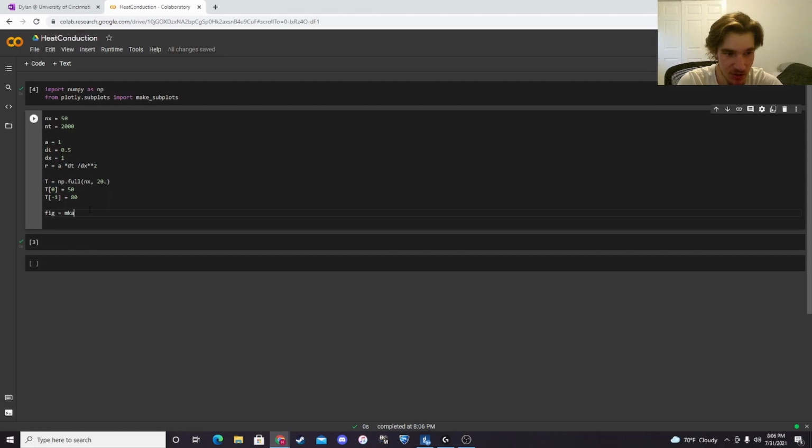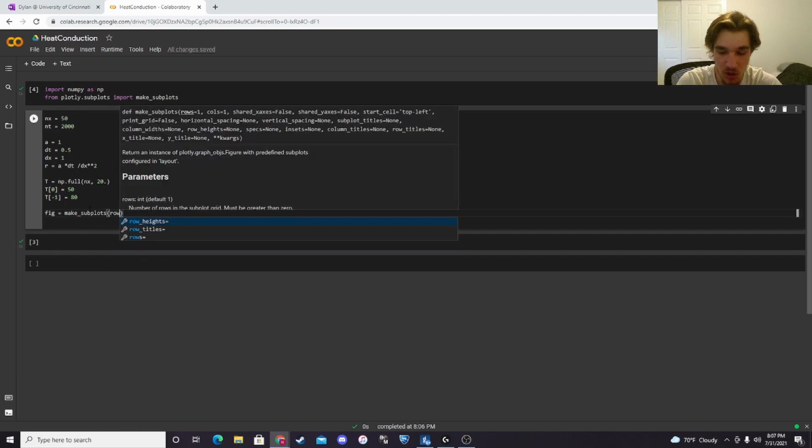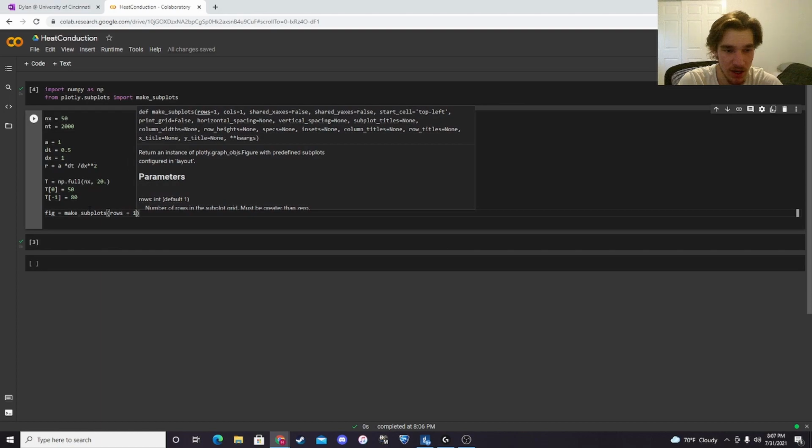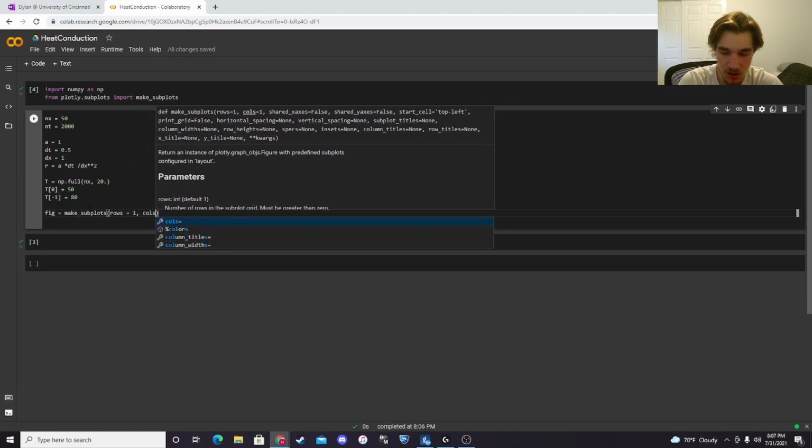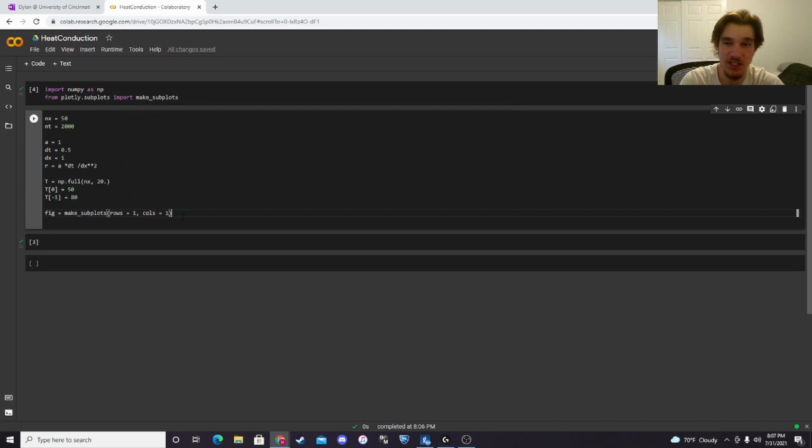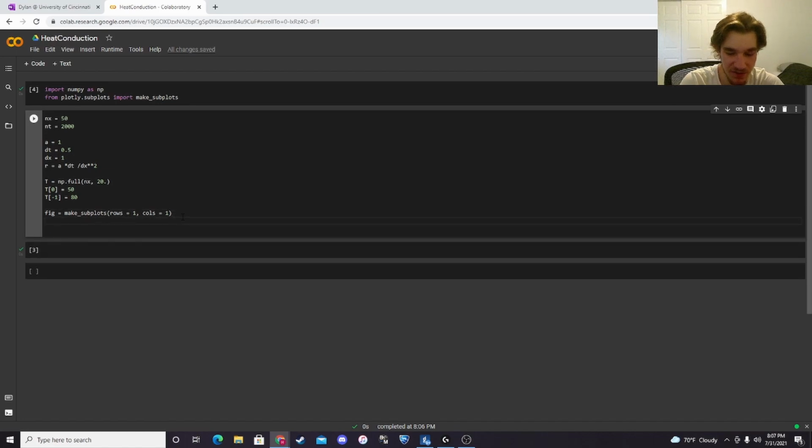It's going to be make_subplots, and we are just using one row and one column for the subplot.